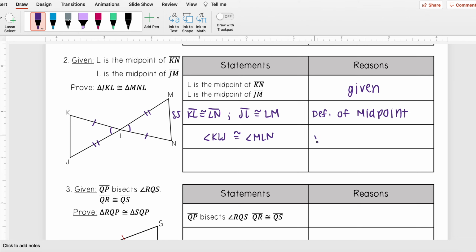And that's by the vertical angles congruence theorem. And so now we see that we got our needed angle. So I have a side, angle, side. Now I can therefore state that these two triangles are congruent. And that's by the side, angle, side theorem.